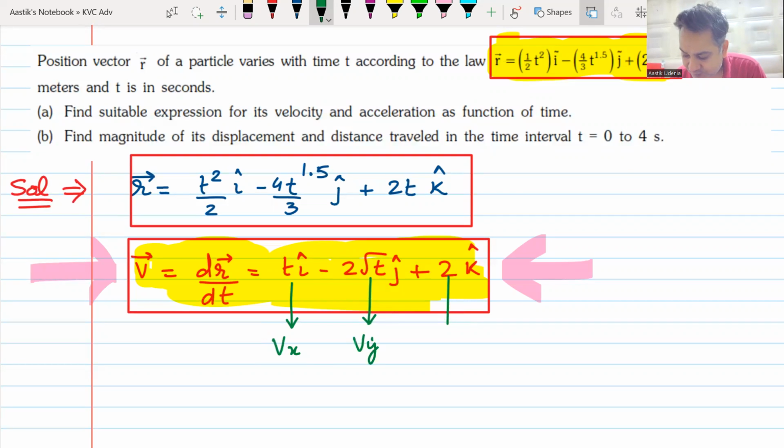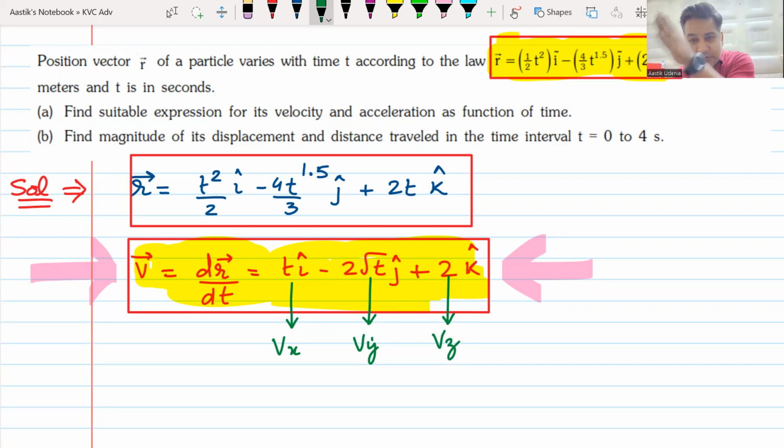The second one is the velocity's y component, and the third one is the velocity's z component. Now, looking at the components, you can tell me which components of velocity are uniform and which are non-uniform. Overall, this velocity is definitely non-uniform.